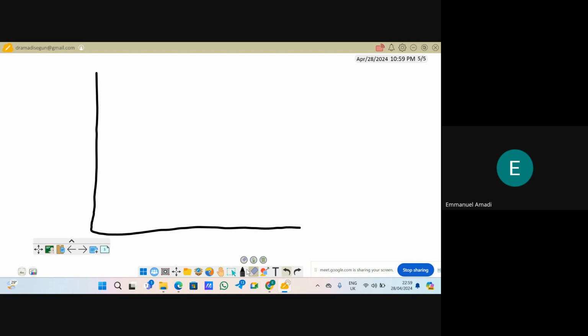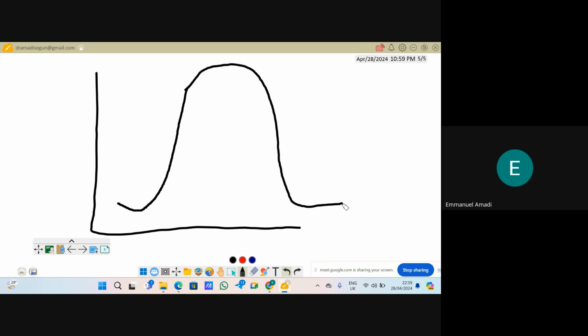So let's start from here. It started from this low point and it moved up, and it got to this point, when it came down like this.